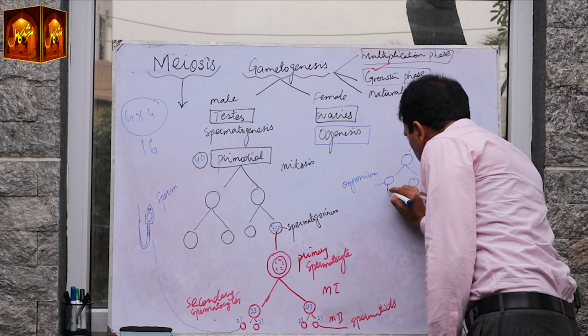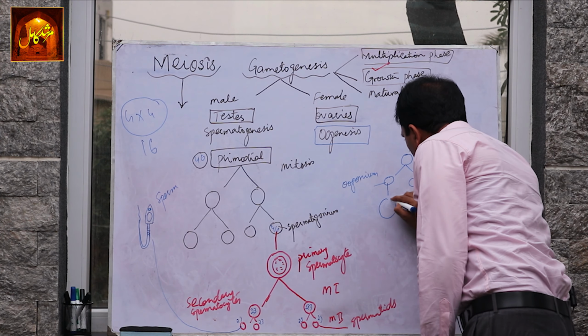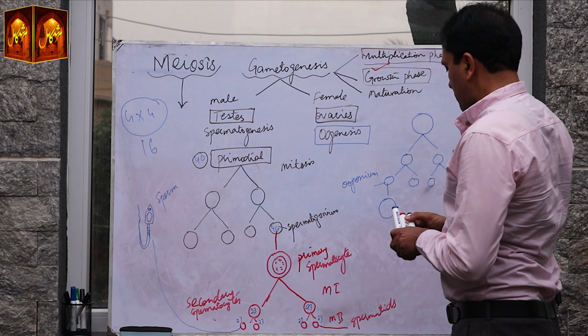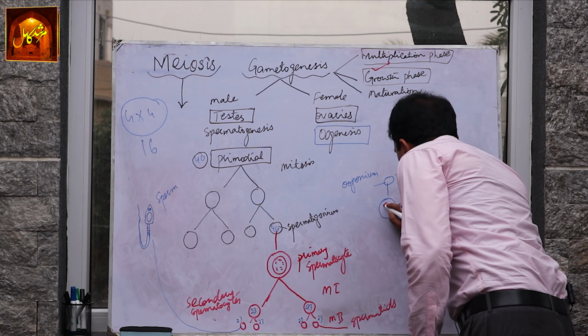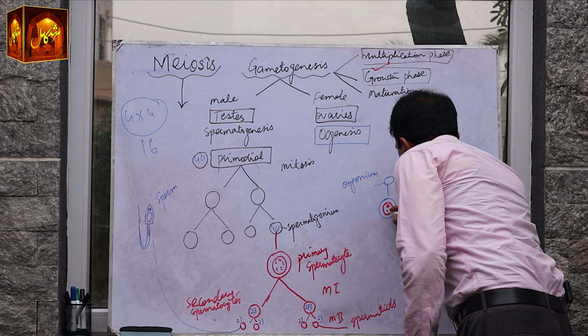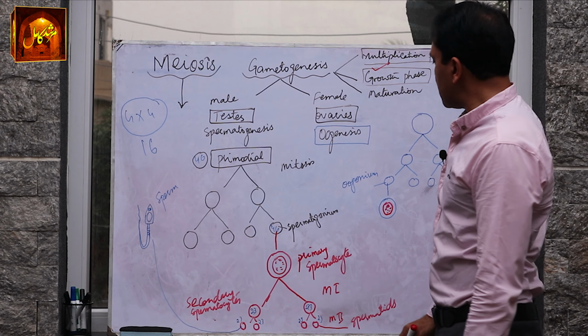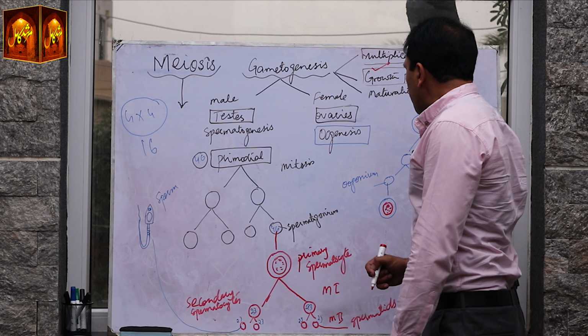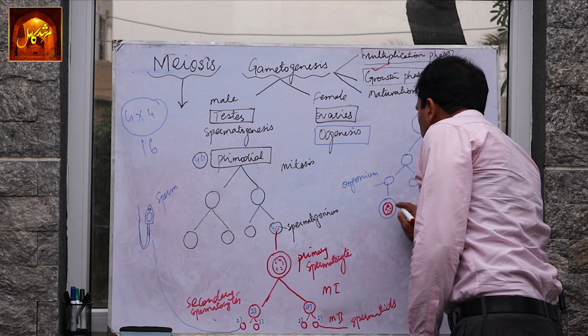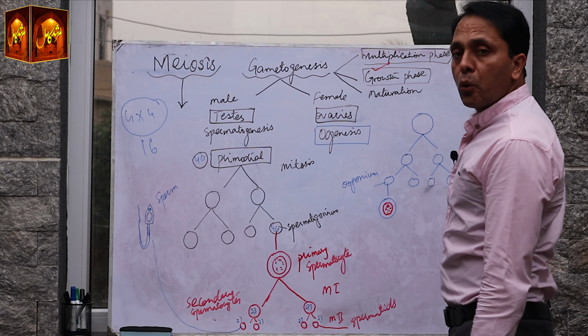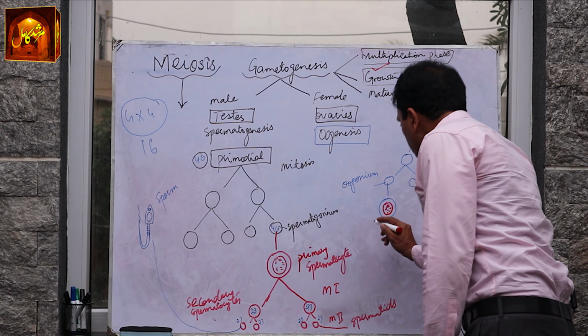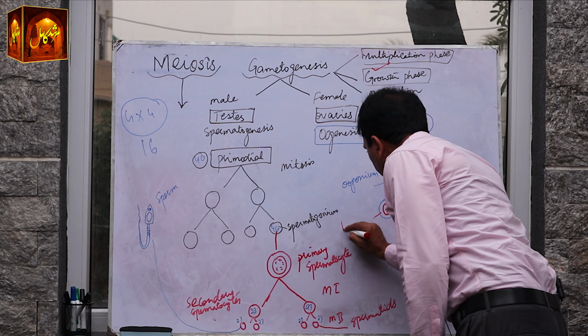One oogonium will accumulate a large amount of food and increase in its size. It will be changed into a primary oocyte.